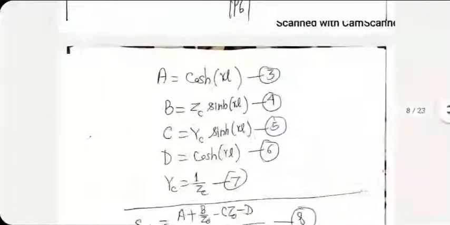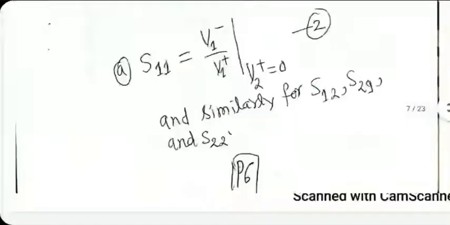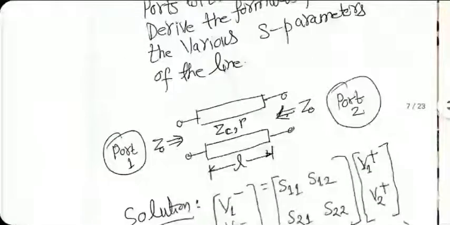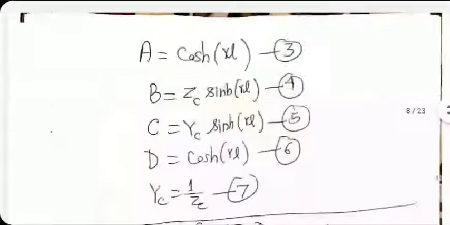Note that now in ABCD formulas, in fact, B and C formulas, I'm not using Z0 and Y0. I'm using ZC and YC, because now the line has characteristic impedance ZC, which is different from Z0. This is the catch here. And YC is, of course, 1 upon ZC.